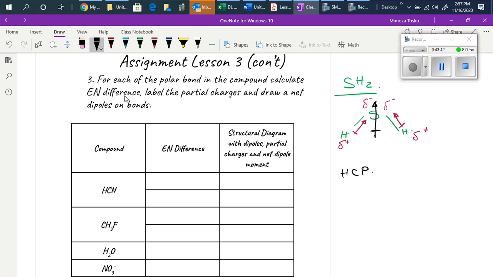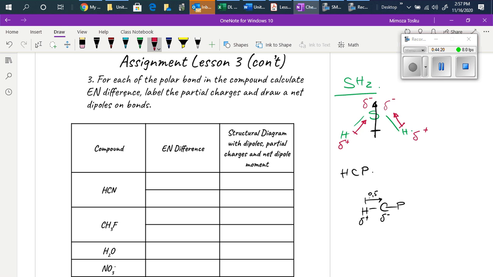Or when we have, let's say, HCP. Okay, carbon is the central atom, and then we have hydrogen on one side and phosphorus on the other side. Now the electronegativity difference between carbon and hydrogen will be 0.4, which means that carbon is becoming slightly negative, and hydrogen is becoming slightly positively charged.